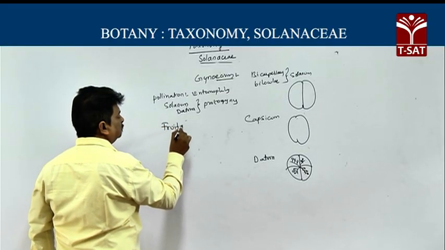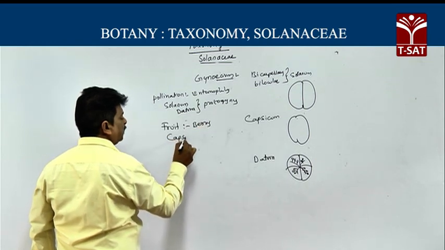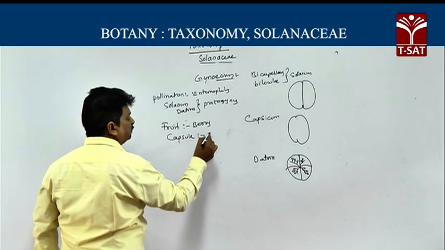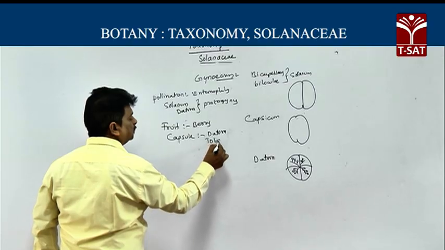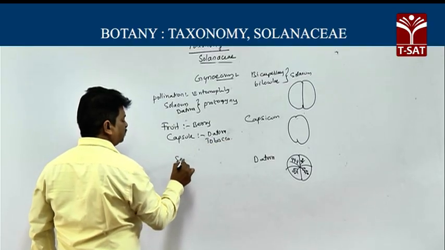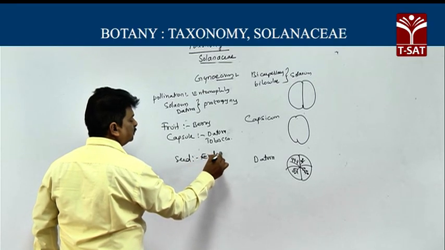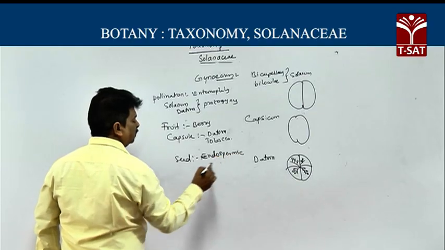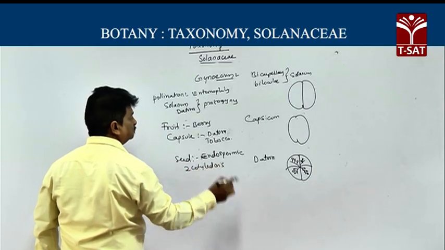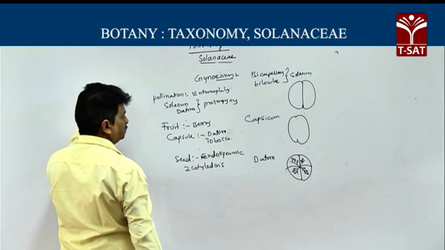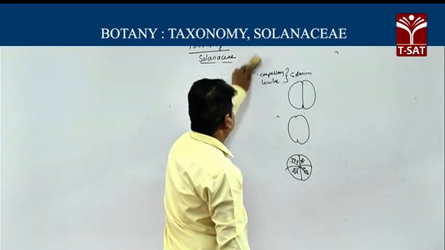Fruit, generally fruit is berry, but capsule fruit is present in Datura and tobacco. The next one, seed. Endospermic seed, and embryo contains 2 cotyledons. These are general characters of Solanaceae.